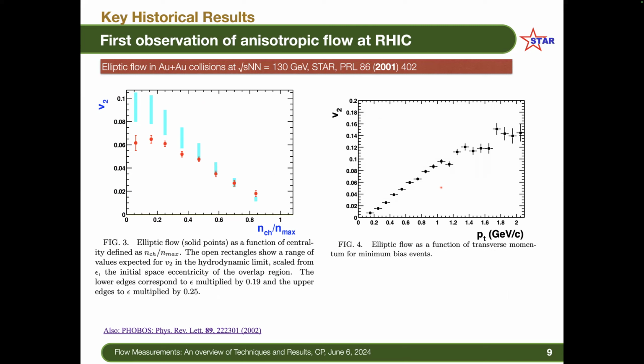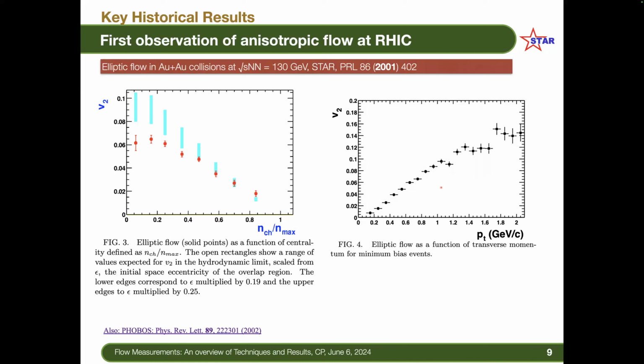As I've said, flow was identified at the Bevalac, but perhaps the most exciting results were obtained right at the beginning of the RHIC collider by STAR in 2000 already and published in 2001. On the left is a measurement of the so-called elliptic flow that I will introduce in a moment as a function of the multiplicity produced in these collisions.